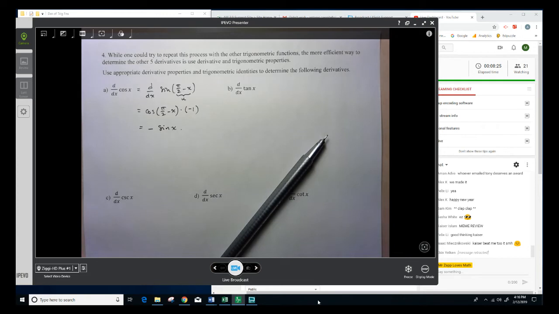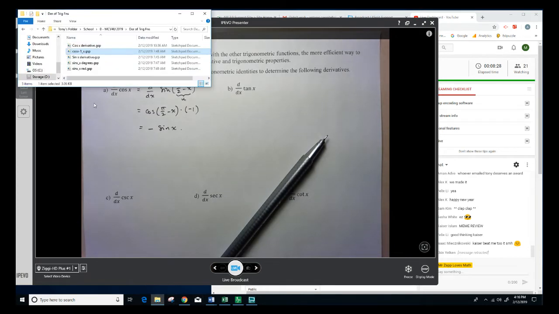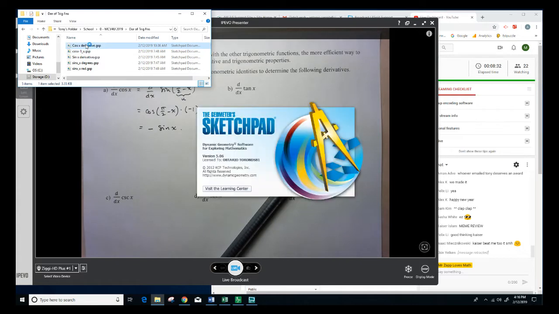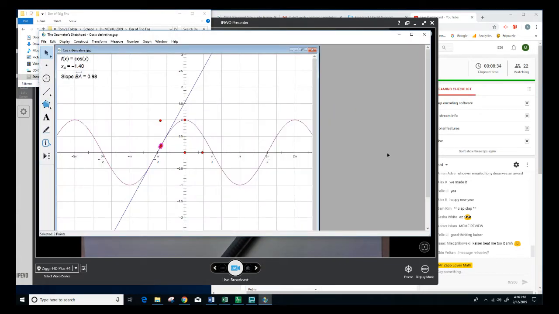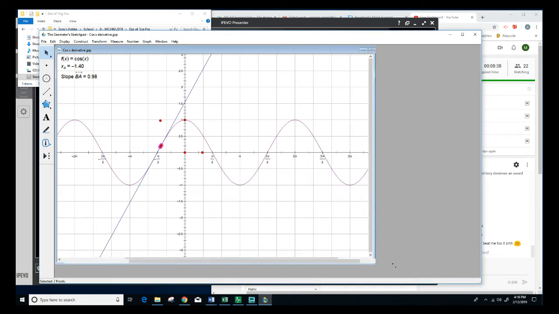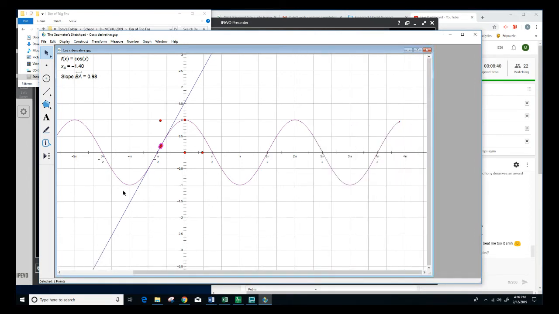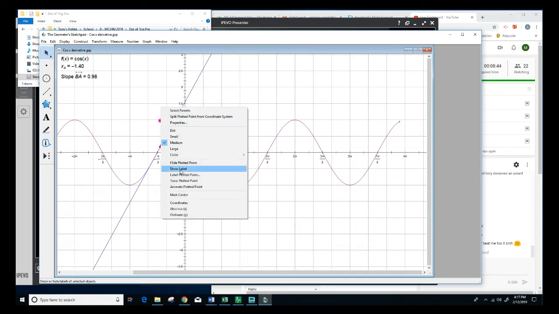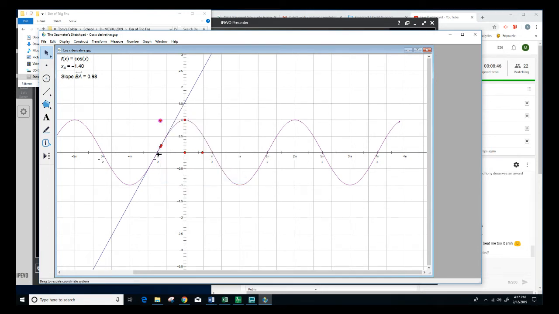And in fact, if we again take a look at the derivative of cos x, let's open this up. You can even do this by hand. So let's trace the point which represents the derivative of the function.